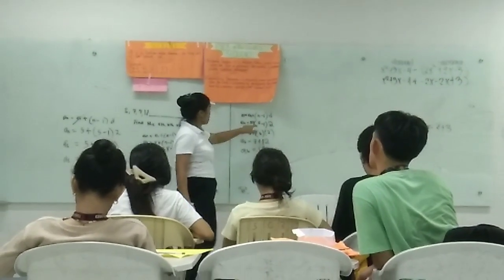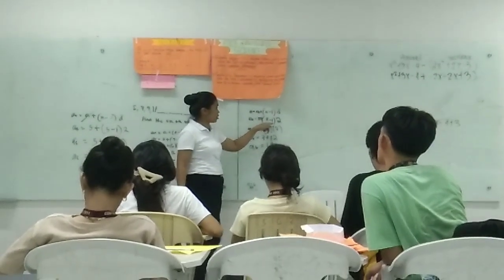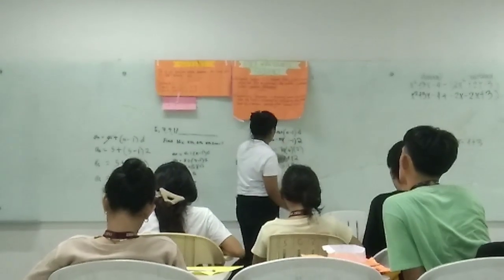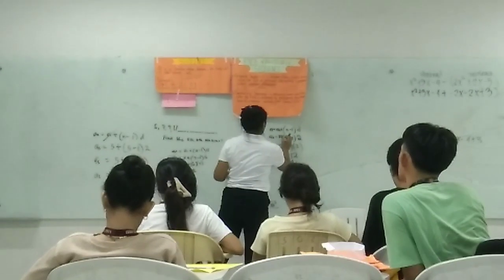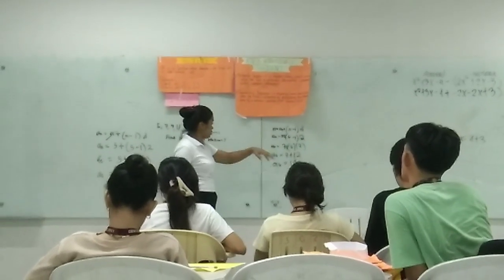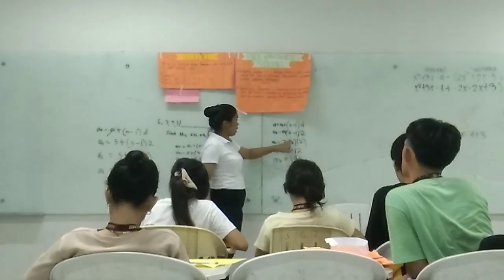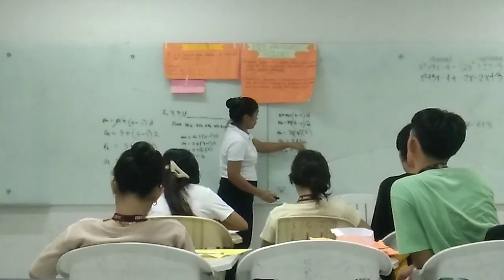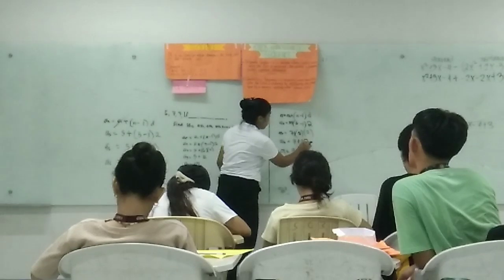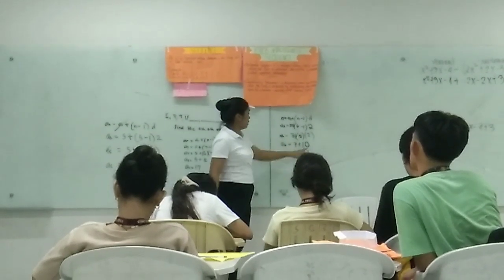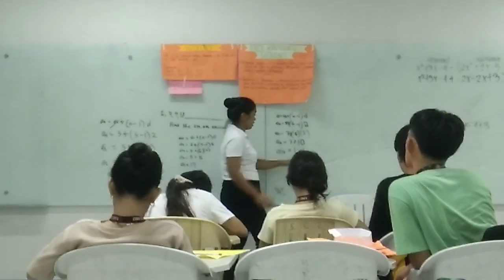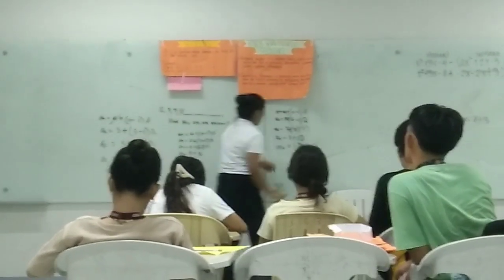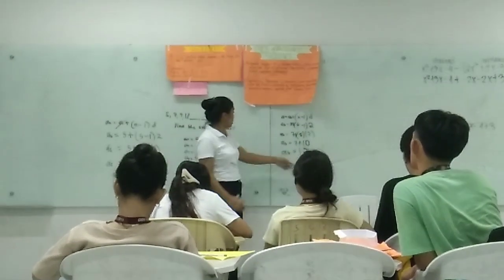So 5 plus n minus 1 becomes 6 minus 1, times 2. 6 minus 1 is equal to 5. Copy, this will become 10 now. So 5 plus 10 is 15. So our a sub 6 is 15 here.